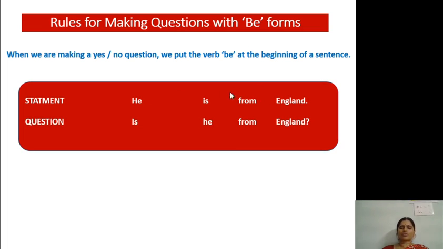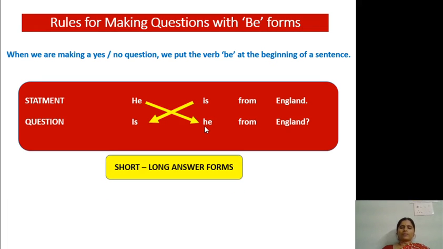If you want to make this statement into a question, what are the changes that happen and what are the things that you have to focus on? Usually in a statement, the subject takes the first place and it is followed by a verb. But in a question, the verb takes the first place and it is followed by the subject. This particular change you have to remember when you are making a question.